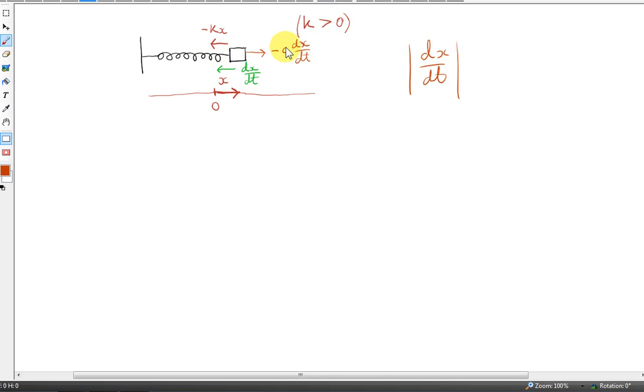And let's suppose the proportionality constant is c. So c is some positive number. We stick a minus sign in front of this to indicate that the friction force is in a direction opposite to the velocity vector. The velocity vector is dx/dt. So if dx/dt points to the left, the friction force will point to the right, opposing the motion.